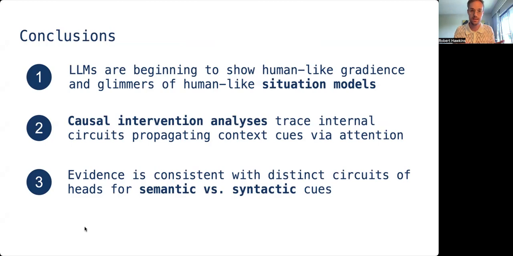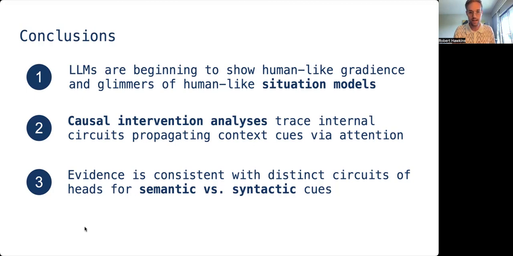We wanted to push this technique of causal intervention analyses as a way to treat a language model like a sandbox of algorithmic probing, where you can actually map out these neural circuits that give rise to a particular behavior of interest.